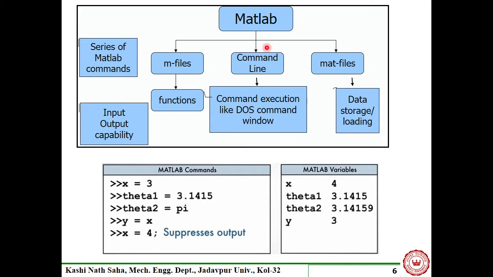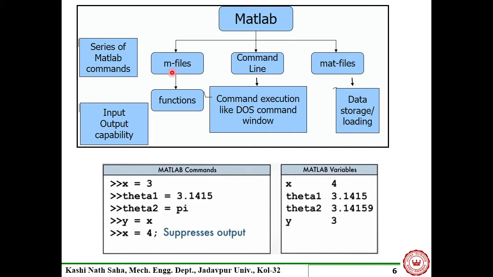Whatever commands you are using there, you can store in a mat file, or if you like to use a previous session of your MATLAB, you can load a mat file also. So the existing environment can be stored and loaded. If you develop your own code, those are M files. Program files are M files, environment files are mat files. You can load it, edit the M file in the MATLAB editor, and then save it.